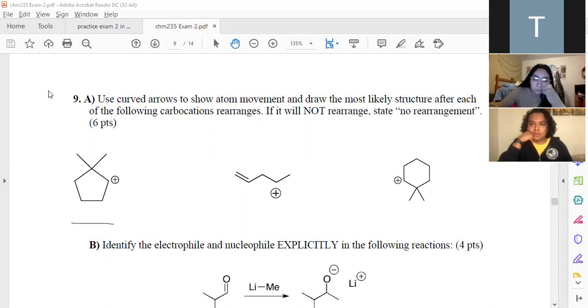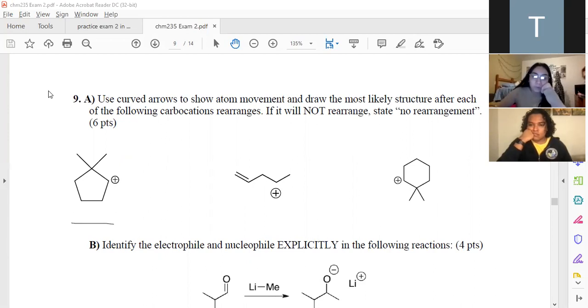But when we think about our rings, what type of rings are most stable? The 6 carbon ring. Yep. So a cyclohexane is always going to be our most stable molecule. But in this case, we can't really do anything. But what's going to happen in this one that happened in our third one?